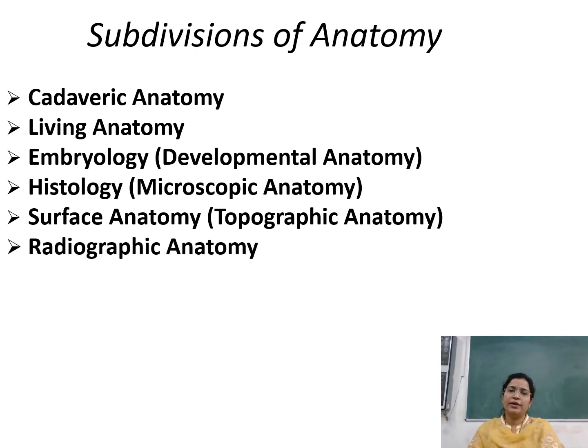Now what is radiographic anatomy? In the first year of the syllabus, radiographic anatomy means radiological anatomy. With the help of x-rays, how the x-rays are taken, what is the view of that particular x-ray, where the x-rays come from, what the sources of x-ray are, that is the x-ray tube, where the subject has to stand, what is PA view, what is anteroposterior view, what is posteroanterior.